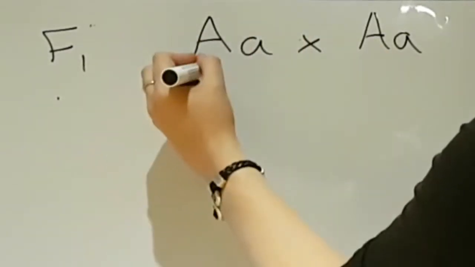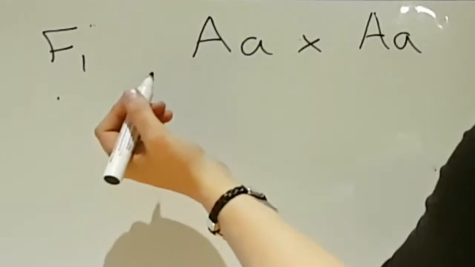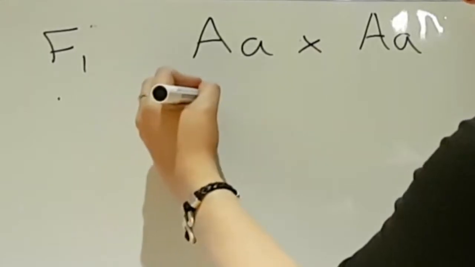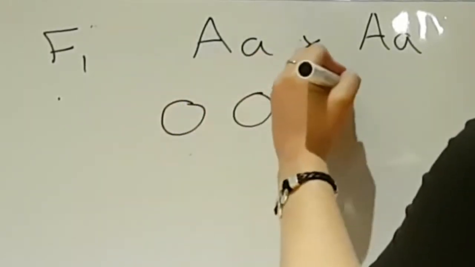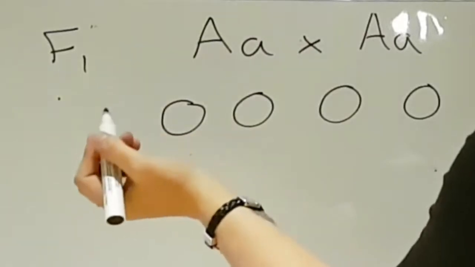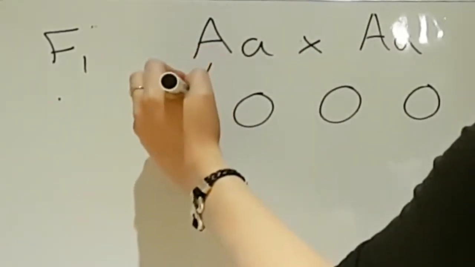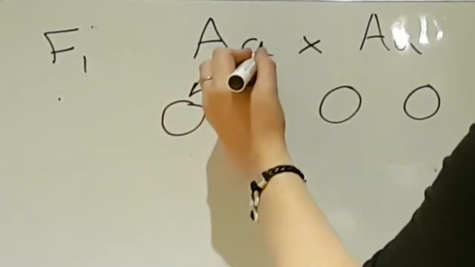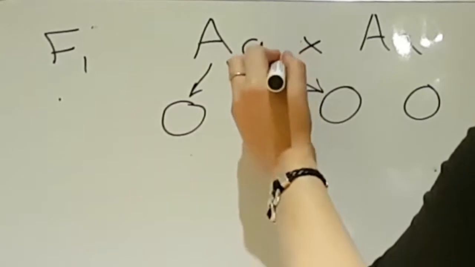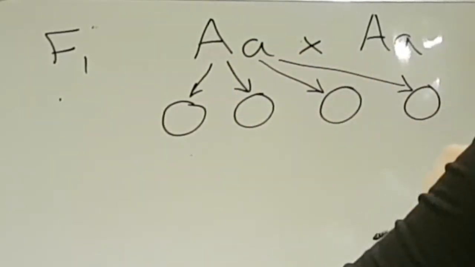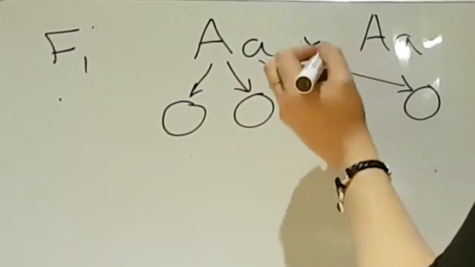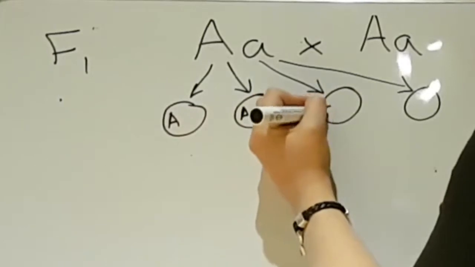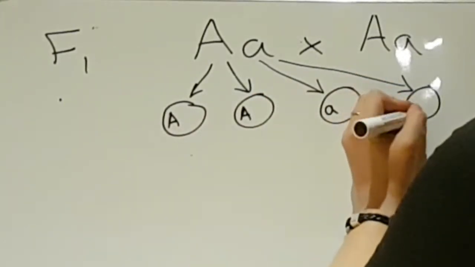Now you can here look at all of the possibilities for the individuals by drawing a genetic diagram. So you can have your four possible outcomes of the cross here, and you can show this dominant allele going into these two, and you can show this allele going into these two. And then we look at all of the possibilities here, because we've got a big A, a big A, a little a, a little a.